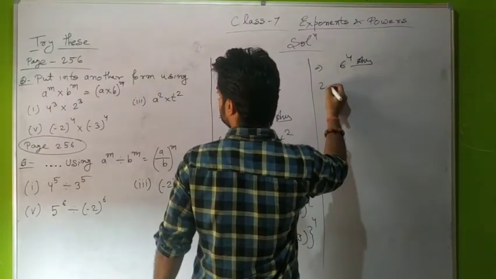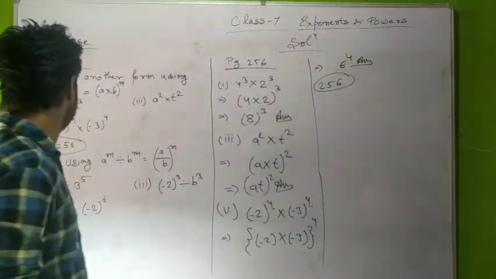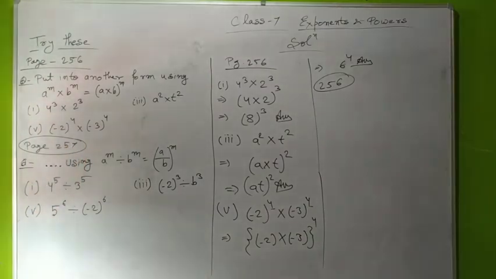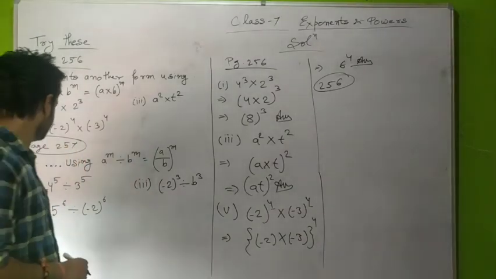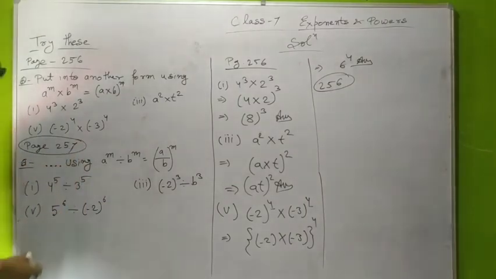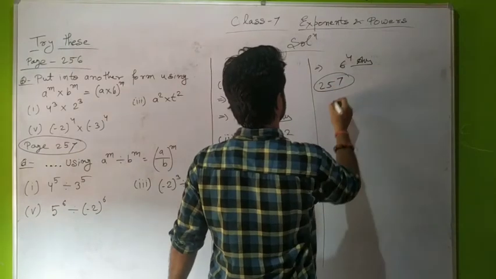Now let's come to the Try These again. I guess this is page number 257. Yes, exactly, the first one is on page number 257.